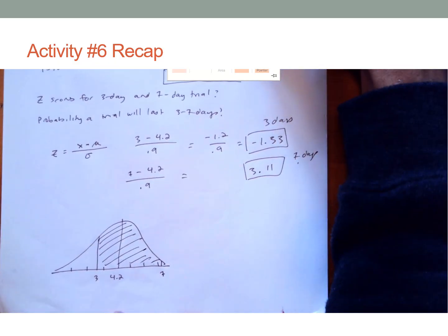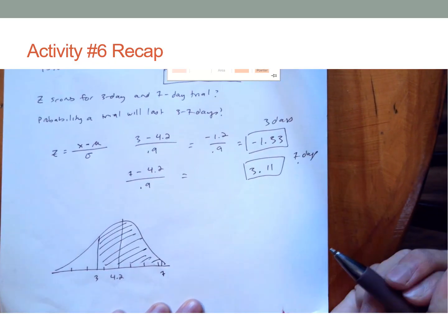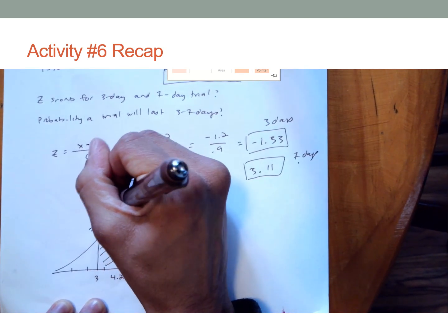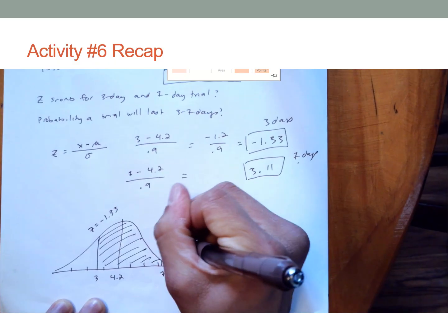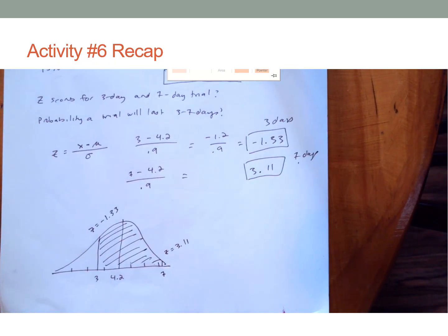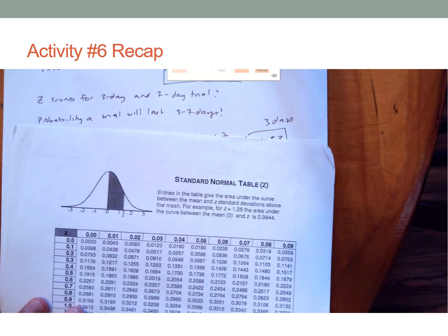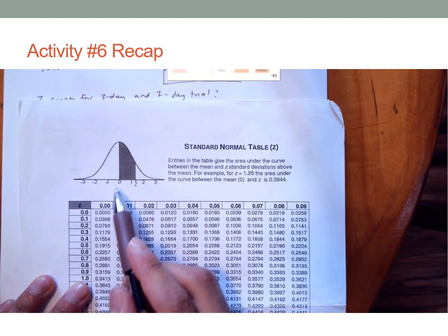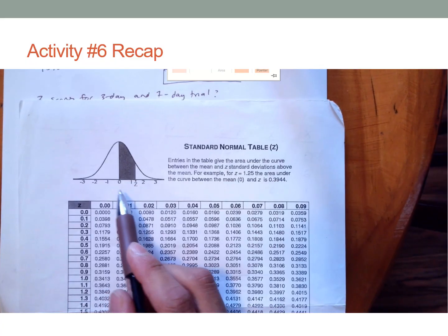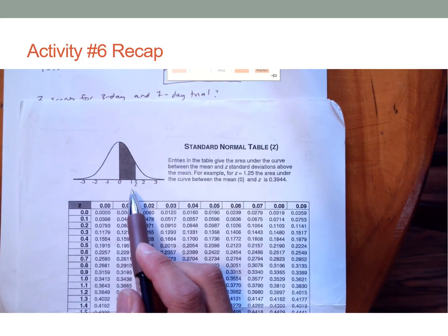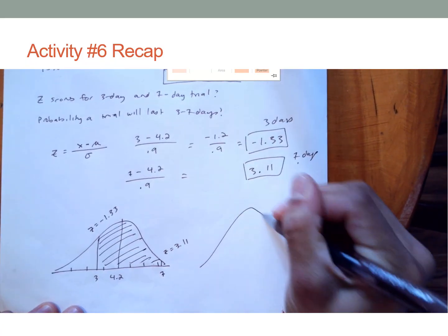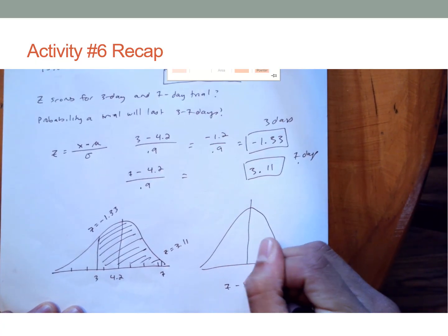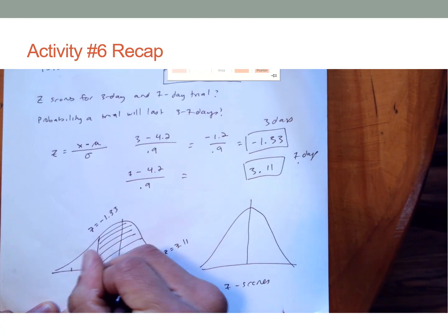If we use a z-table, we can look up the probabilities that correspond to these z-scores. And if we recall, the z-table looks something like this. It shows us the area under the curve between a mean on a standard normal distribution and a z-score on a standard normal distribution, where that standard normal distribution is exactly the same as the one we started with, except that now we're counting in z-scores, rather than, in this case, days.